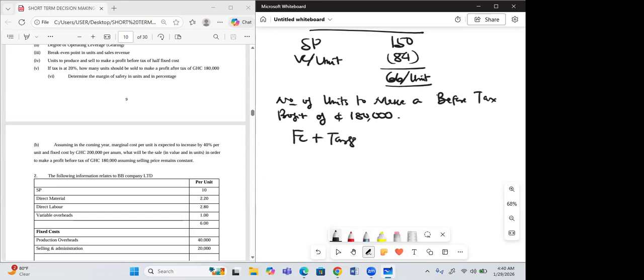The target profit, over the contribution per unit.